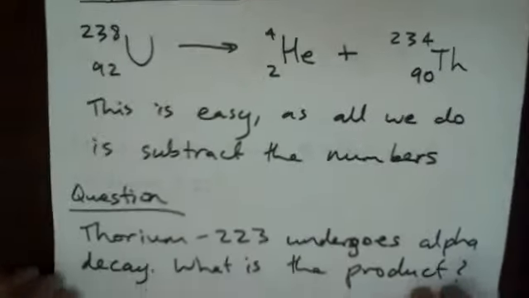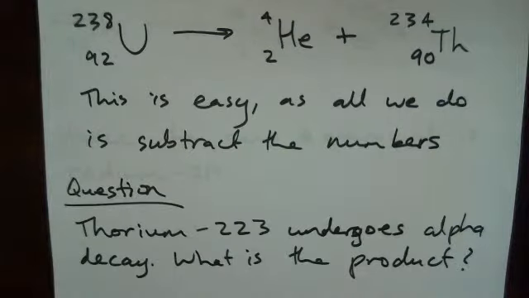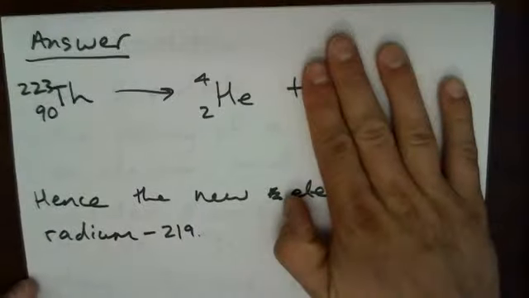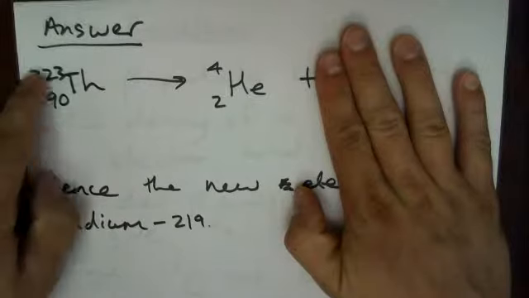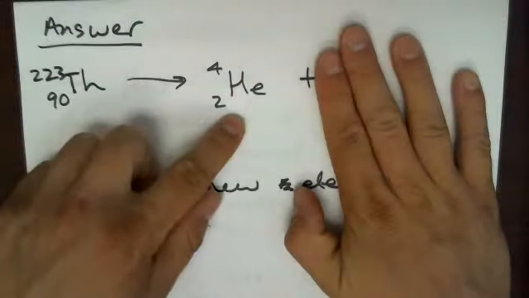So let's have a look at the question. If thorium-223 undergoes alpha decay, what's the product going to be? Well, you would start off by writing it like this. The thorium-223 is going to release an alpha particle.